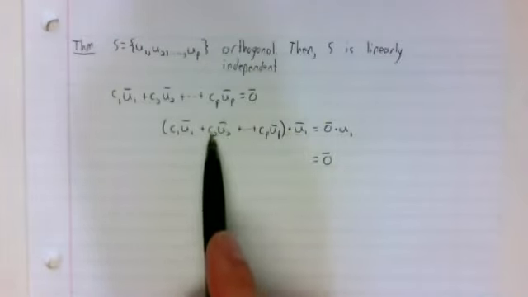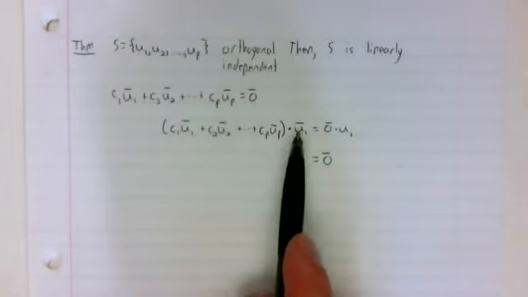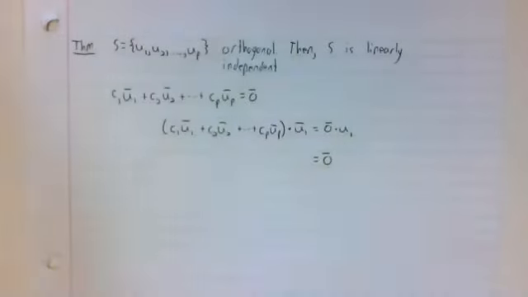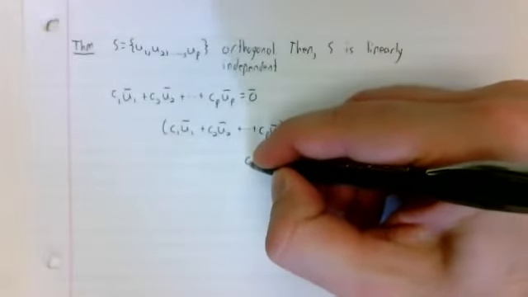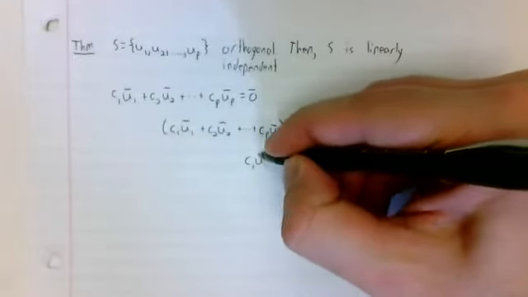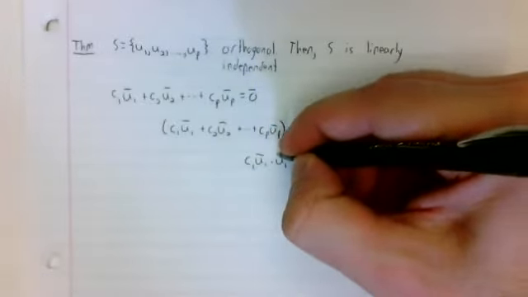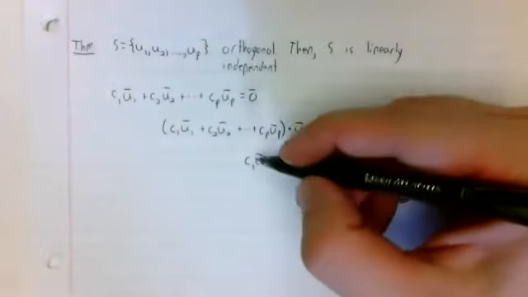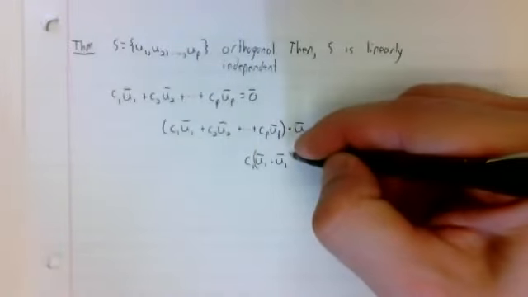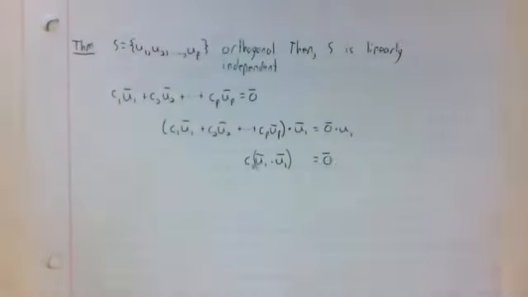And so on down the line. u2 dot u1 will be 0. So the only thing that's going to survive is u1 dot u1.